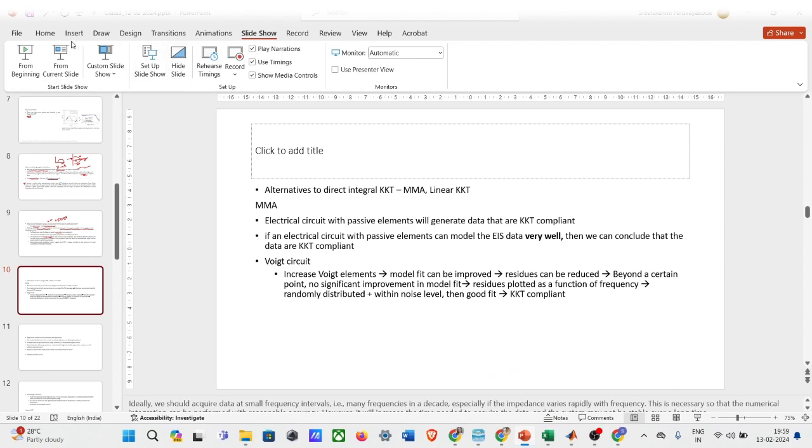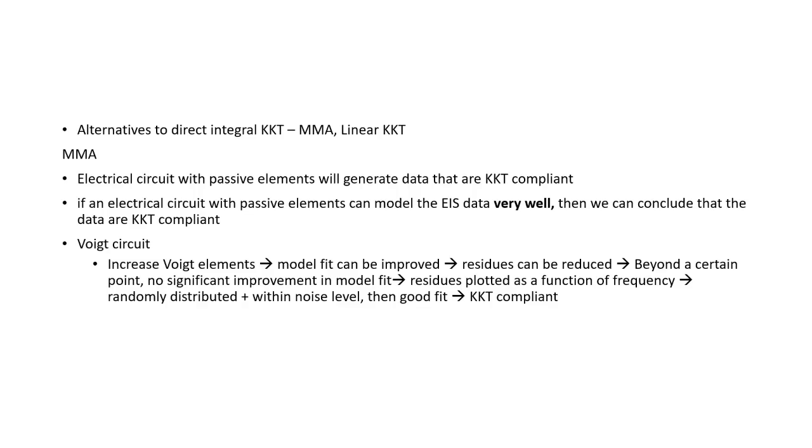So the next thing is alternatives to the direct integral KKT. One is the measurement model approach and the next one is linear KKT. What does the measurement model approach do? It is nothing but representing the system using passive elements, like resistors, capacitors and inductors.